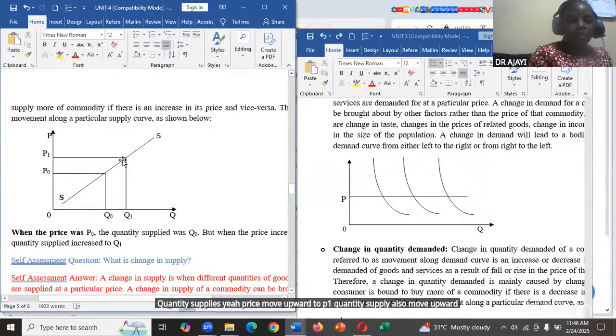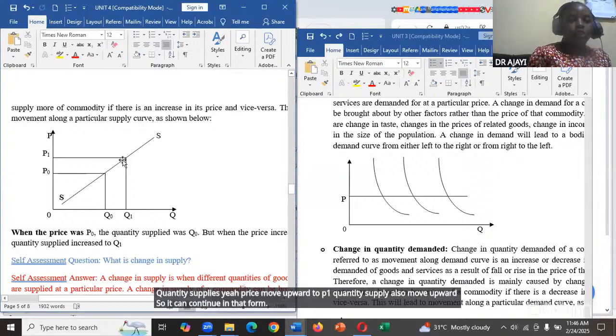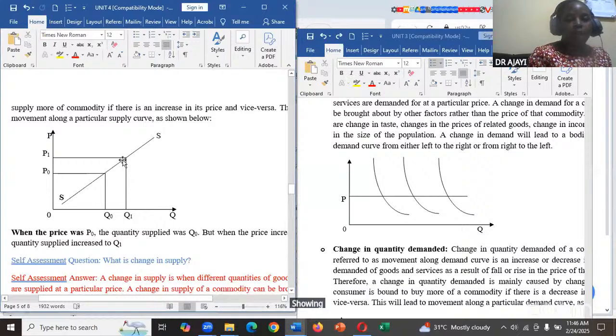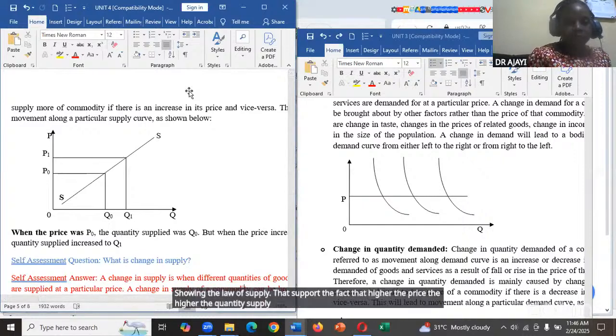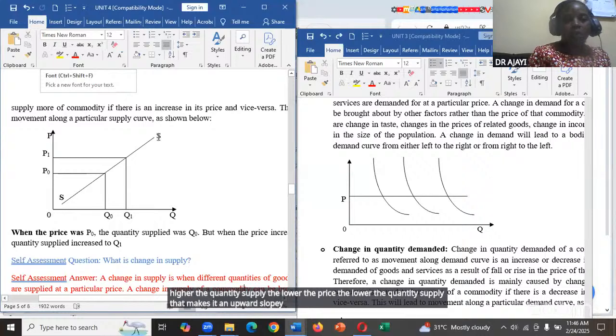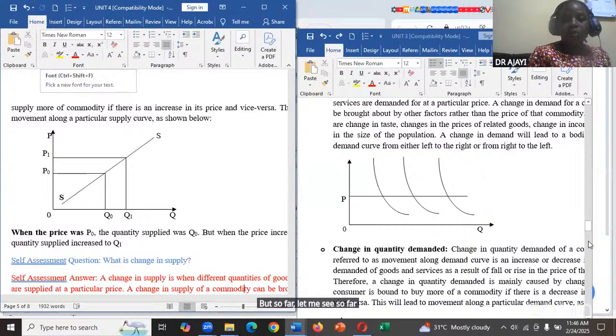So it can continue in that form, showing the law of supply that supports the fact that the higher the price, the higher the quantity supply. The lower the price, the lower the quantity supply. That makes it an upward sloping supply curve. But before we move on, let me see if we can ask questions so that we will know at least what we have been able to cover so far.